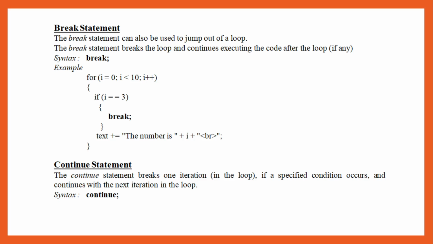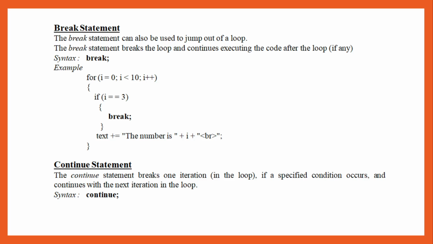Break and continue statements. We can skip a part of the code, or else we may continue with the same block of statements. Then we use these break and continue statements. Break jumps out of the loop. If we say break, then it will break that flow of control and jump out of the loop.